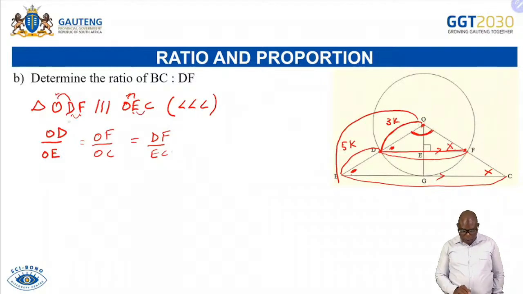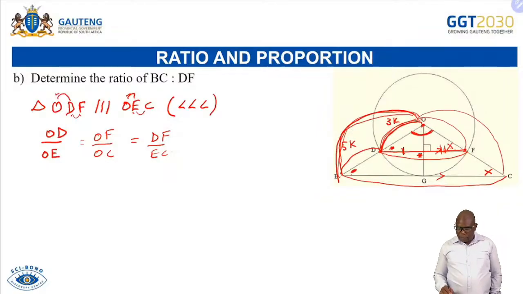No, I cannot have OE there. Let me see there. This line here, we said it's equal to that line here. So it's OD over OE, and we've got OF over OC.